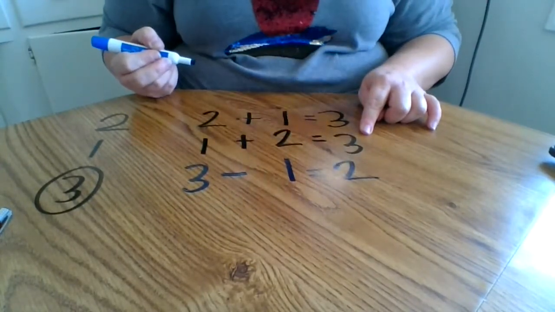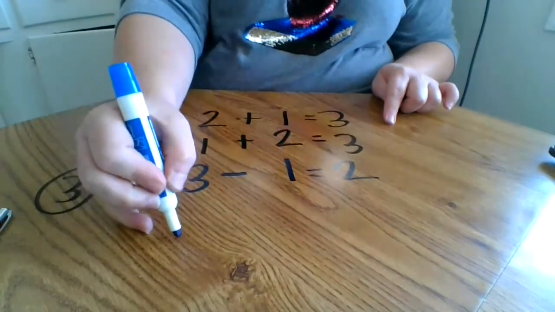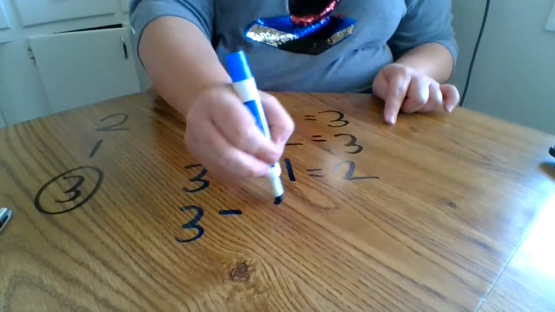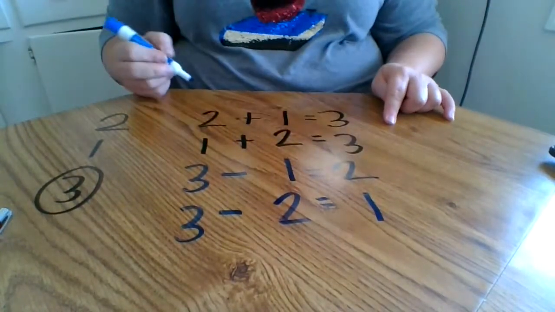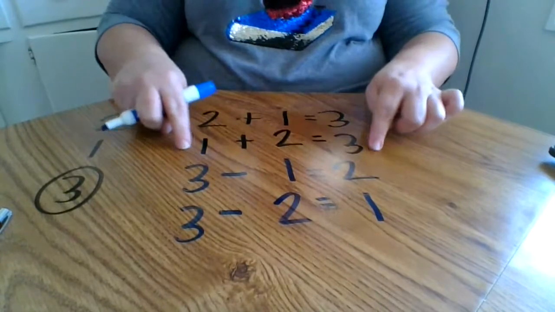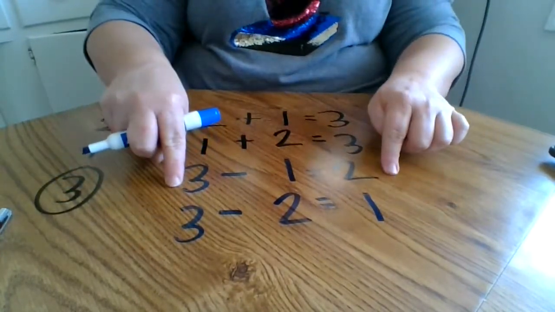And then I have to do my next subtraction problem. Again, I have to start with my whole enchilada. I'm going to write 3 minus 2 equals 1. Ta-da! I have my fact family. I have 2 addition sentences and I have 2 subtraction sentences.